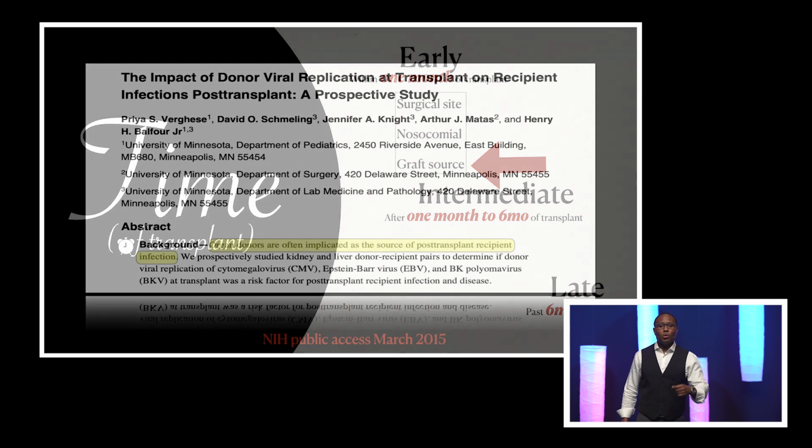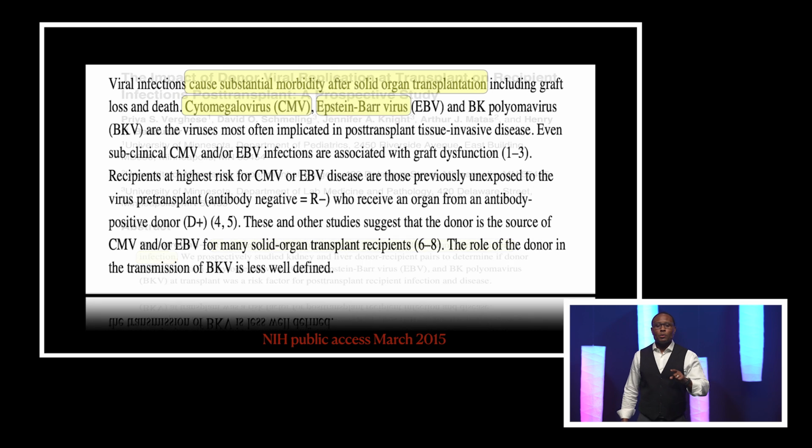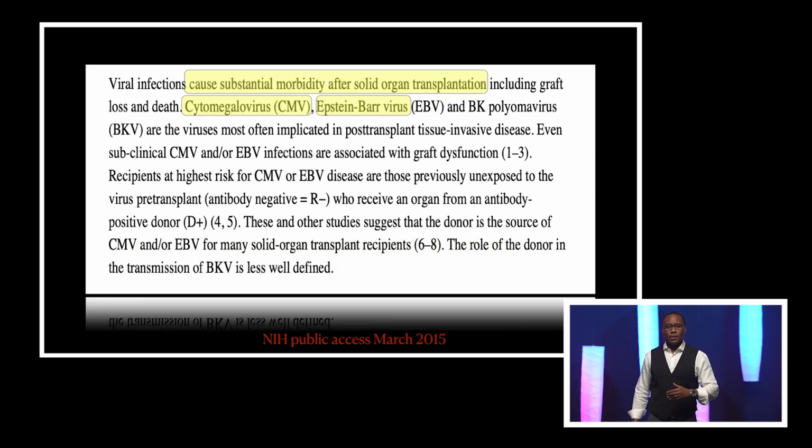It's extremely important for us to remember that the organ donors are often implicated as a source of post-transplant recipient infection. Why is this important? Because donor viral infections are significantly related to morbidity and mortality, specifically CMV and EBV. And why is this important? Because we don't treat viruses with antibiotics.